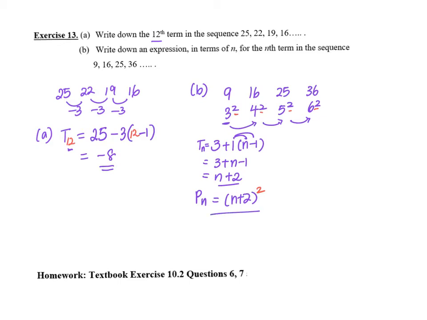Alternatively, I know the common difference is plus 1, so it'll be 1 unit of n. When n equals 1, it'll be 1 plus what to give you the number 3? So 1 plus 2, so this will be plus 2. Therefore, Tn is n plus 2, and this pattern will be (n plus 2) holding square. Have you gotten the answer?